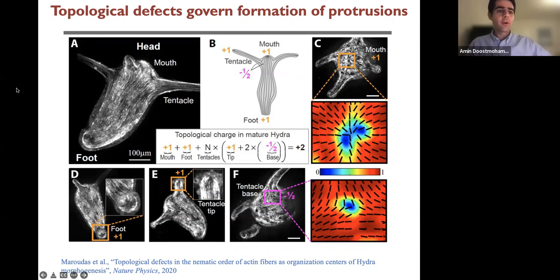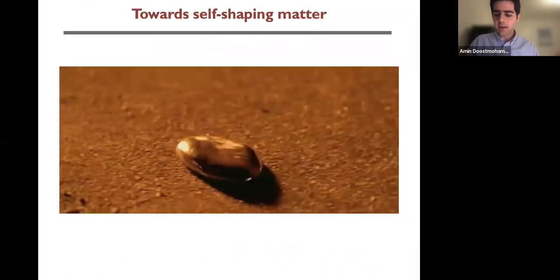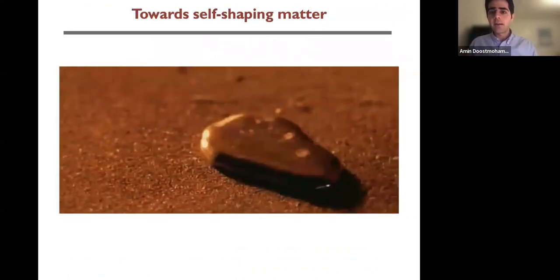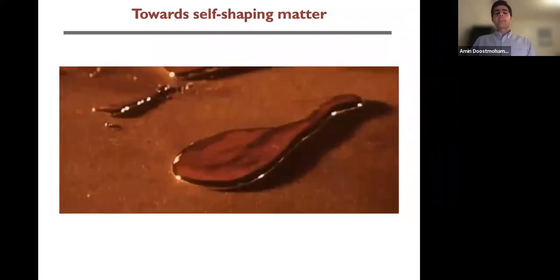Now, before I finish, I just want to say that this idea of shape-changing material and so on is not that new, and people thought about it about 30 years ago.